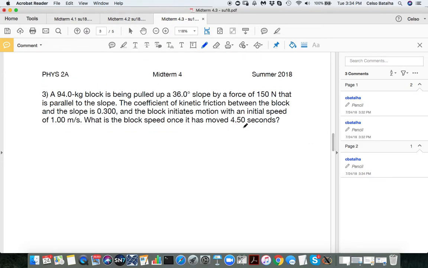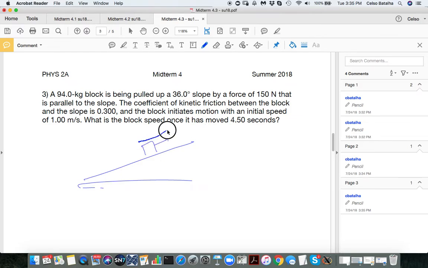Oh, there is something interesting here, and that is the block has an initial velocity because this block is going upward, right? But this force is not enough to keep this block moving up. And then what's going to happen is the block's going to have this motion here.